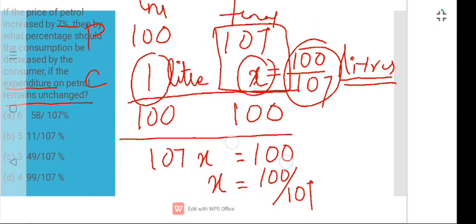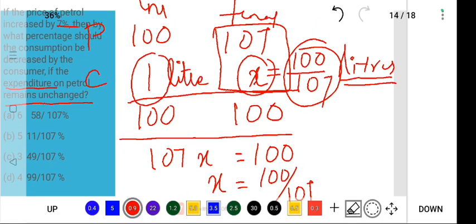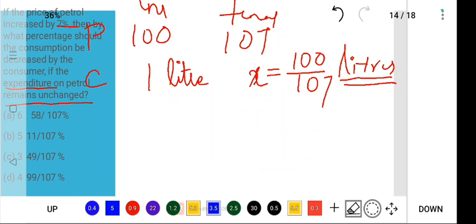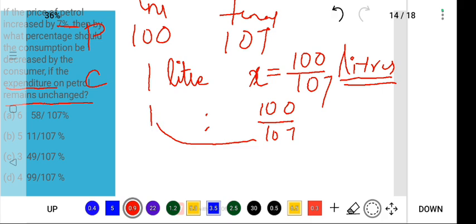We should identify that. I will erase this and work it out again. Take this as ratio 1 here, 100 divided by 107. So these are all in ratio only.